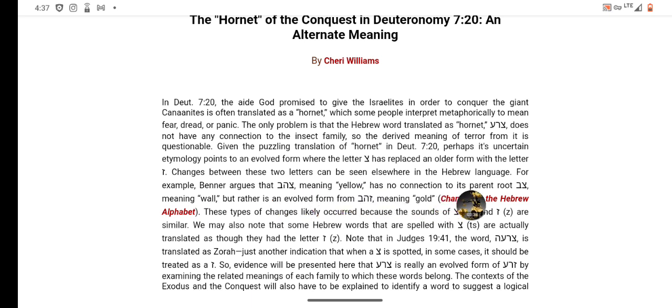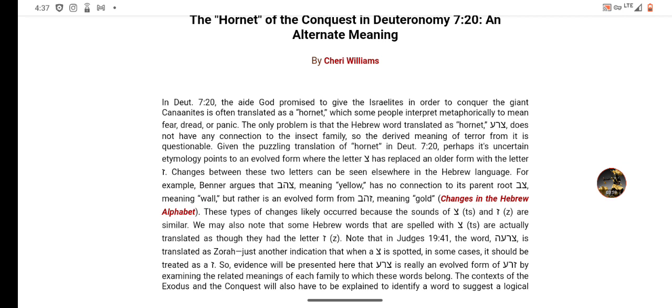Changes between the two letters can be seen elsewhere in Hebrew language. For example, Benner argues that these group of letters, meaning yellow, has no connection to its parent root. This group of letters, meaning wall, you see?